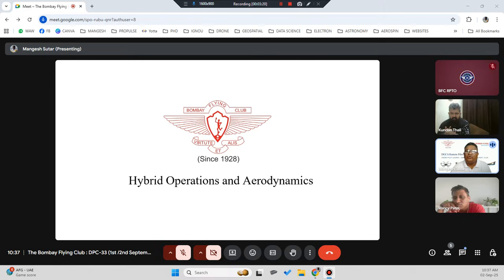So the advantages of fixed wing and the advantages of rotorcraft were combined and created a new category of drones or unmanned aircraft system.